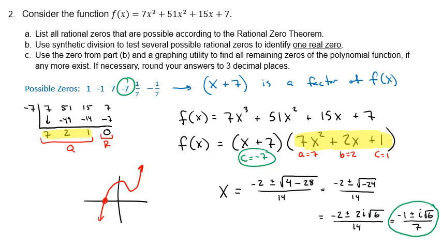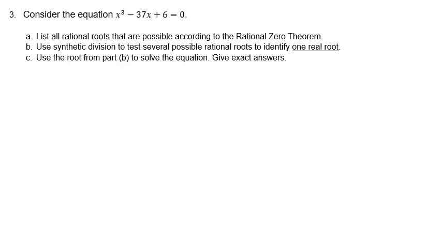In the next 2 problems, rather than finding zeros of a function, solve the equation. Right? Find the roots of the equation. Now remember, zeros of a function and roots of an equation are not exactly the same thing, but it's like 4 quarters versus a dollar bill.